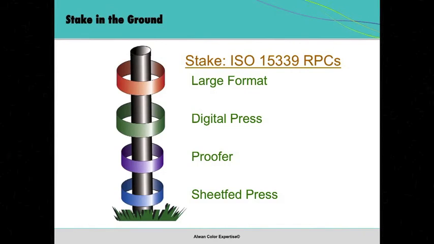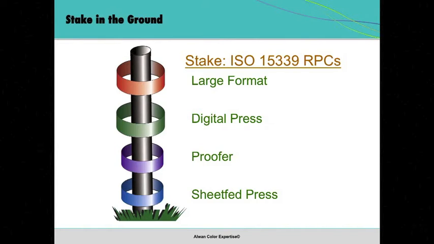So getting back to this scenario where you have multiple output devices, if you use the ISO 15339 references as your stake in the ground, you will have a shared visual appearance between all your devices. If you need a colorimetric match, then you would use the same reference print condition, for instance, for the proofer and the sheet fed press. And in this way, you can get a colorimetric match between those.